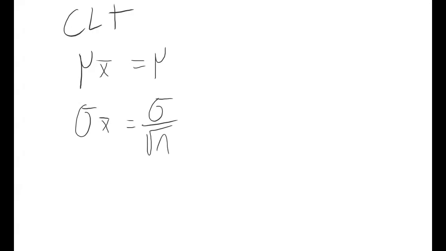So this is the first lesson that I think people start to get really lost in chapter 6. I believe it's because the symbols look very similar and it's confusing which symbol means what. So I want to take a minute and talk about that. Remember, mu by itself is the population mean.